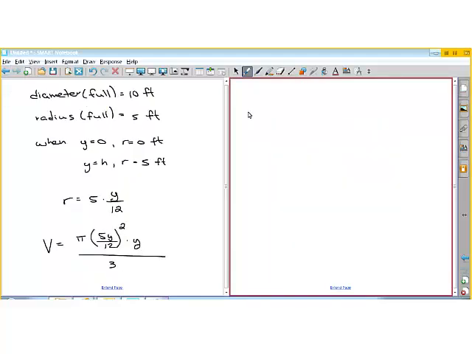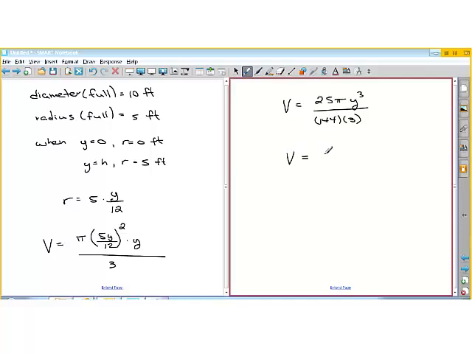So let's clean that up a little bit. So we have volume is equal to, let's see, 5 squared is 25, so 25 pi. We have y squared times y, so we get y cubed, all divided by 144. That's 12 squared times 3.